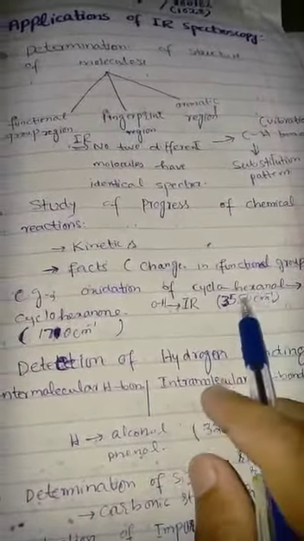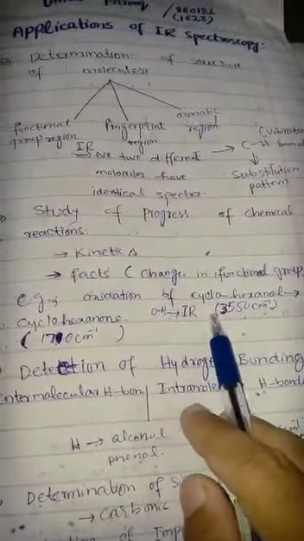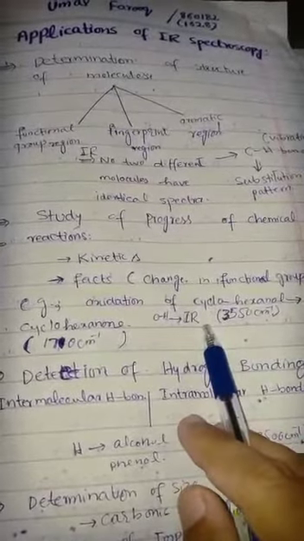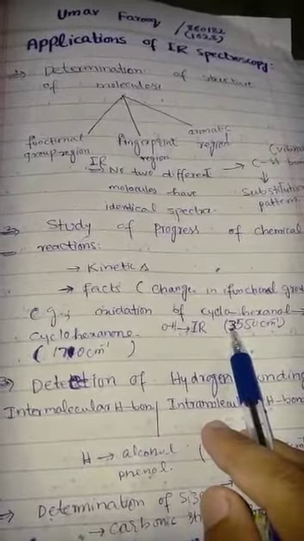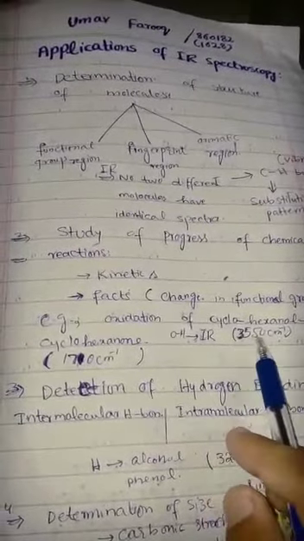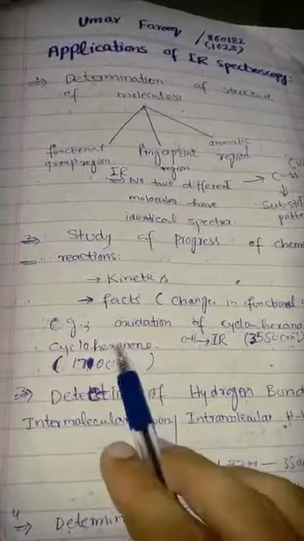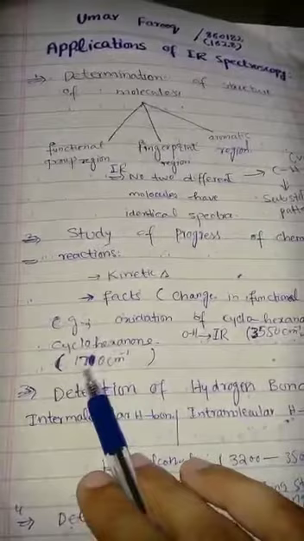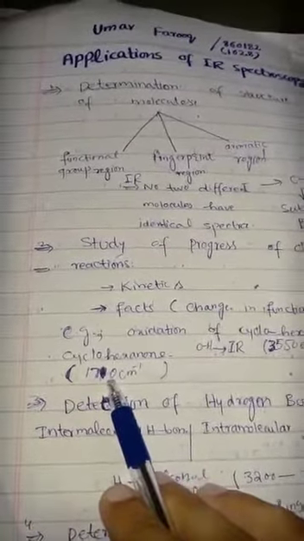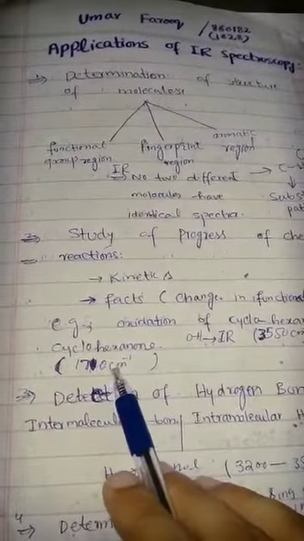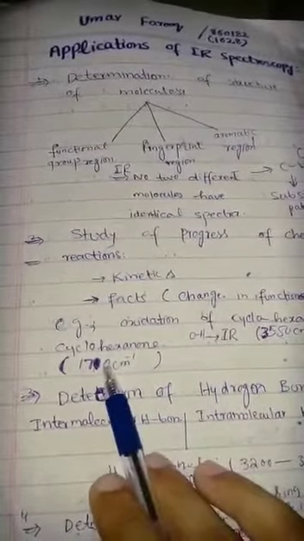In cyclohexanol the stretch of the OH functional group, the value on the IR spectrum graph, is 3550 per centimeter. Then when it converts into cyclohexanone, its IR spectrum is 1710 per centimeter. So by this IR spectra we can differentiate between them.